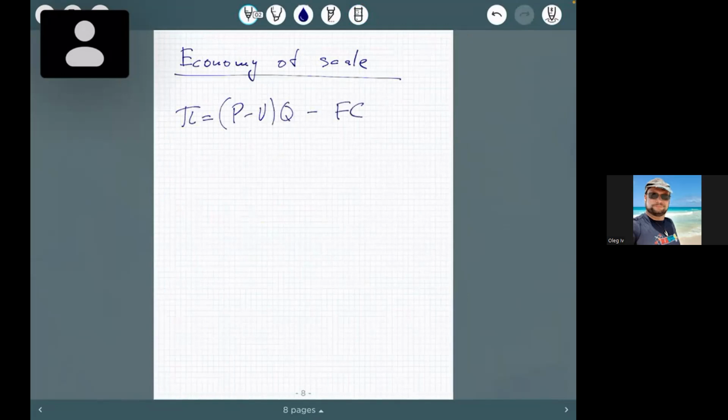Even though economy of scale is not directly linked to this mathematical equation, as for me personally, it's easy to understand. For people who understand math, it will be easy to understand how it works, because it works practically, mathematically through this formula. So what is economy of scale?